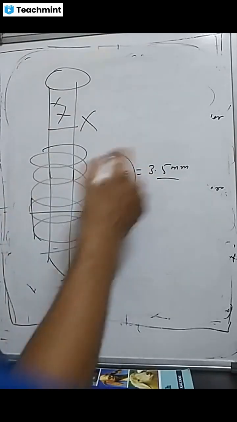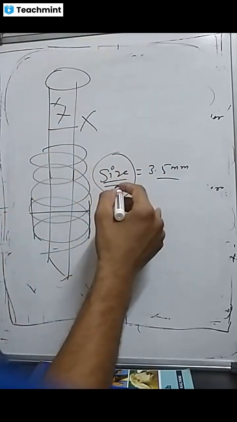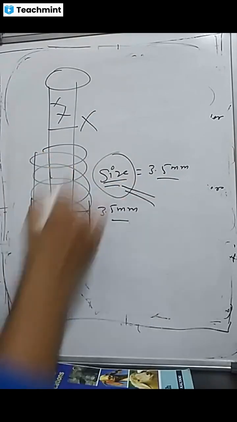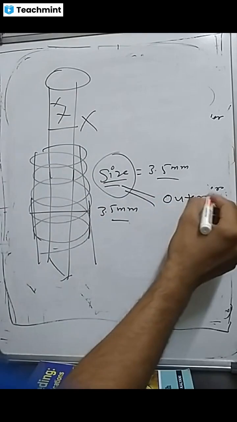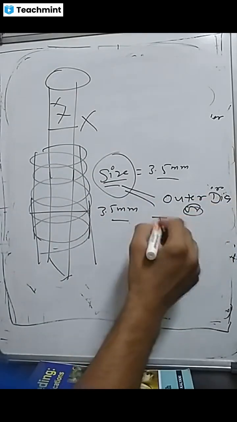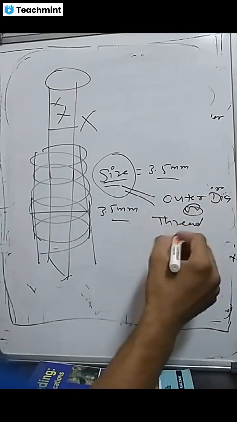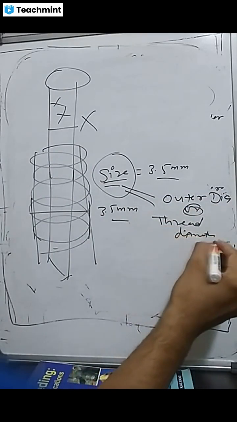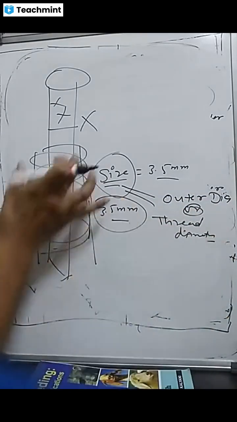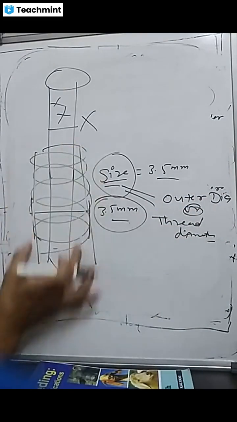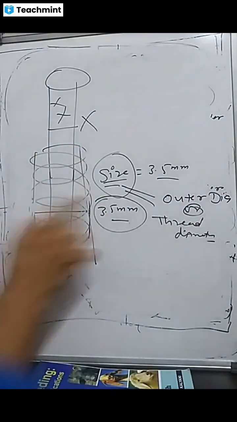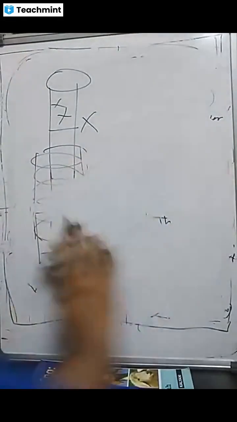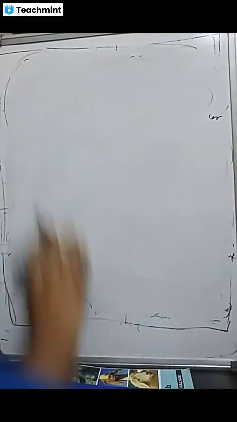So the size of a screw is from which diameter? The outer diameter or thread diameter. If you select a screw, you will be selecting with the help of this diameter. That is the concept of thread diameter.